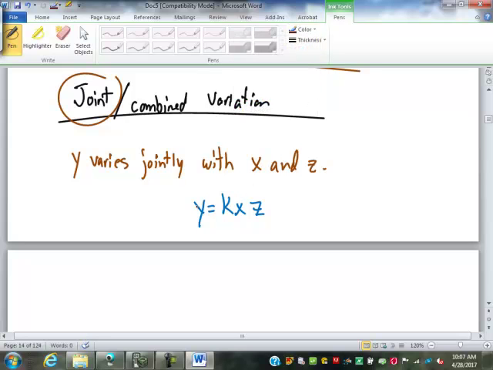If X gets larger, Y gets larger. If Z gets larger, Y gets larger. Now there is a third relationship here that is not direct, and that's between X and Z. If Y doesn't change, if X gets bigger, Z has to get smaller. Or the other way around.